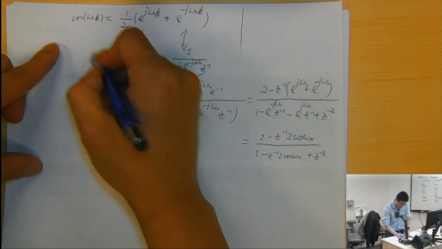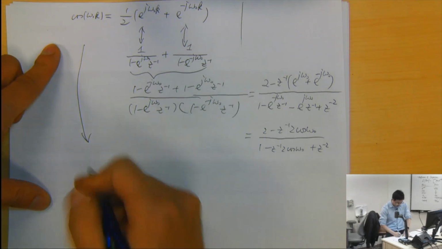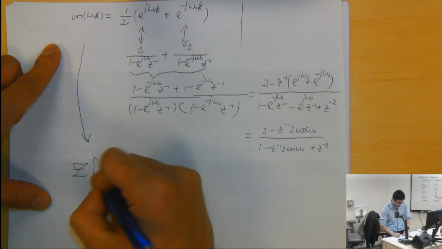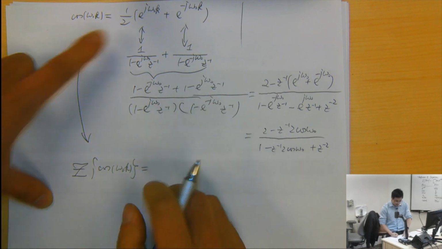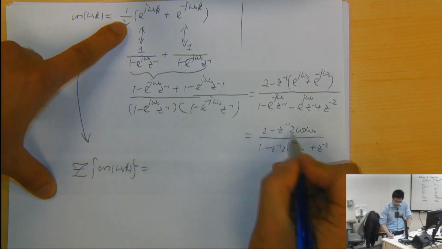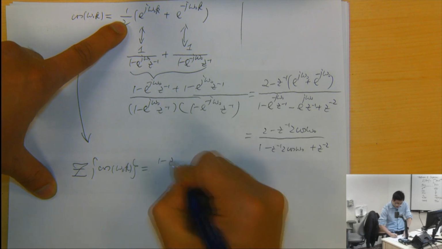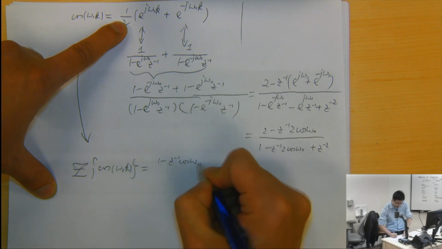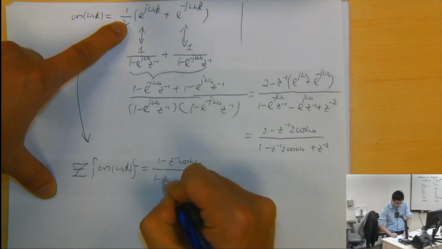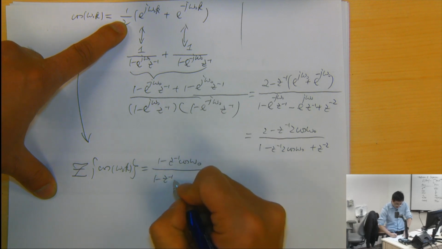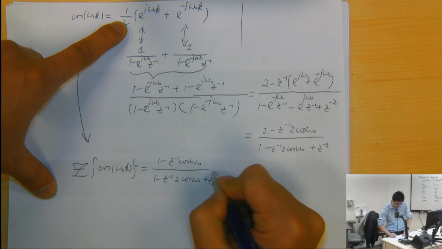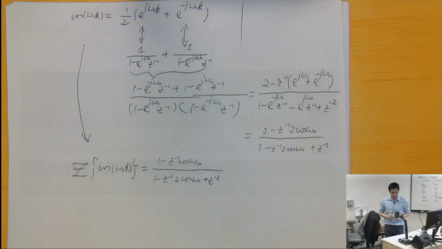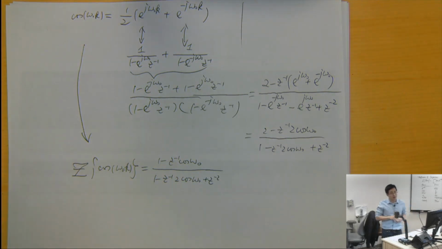So overall, the Z transform of cosine omega 0 k is the division by 2 cancelling out these, giving 1 minus z^(-1) cosine omega 0 over 1 minus z^(-1) twice cosine omega 0 plus z^(-2). So that is the final formula for the Z transform of a cosine signal.